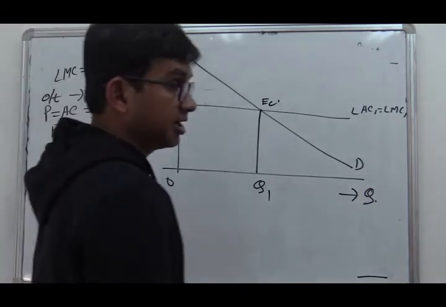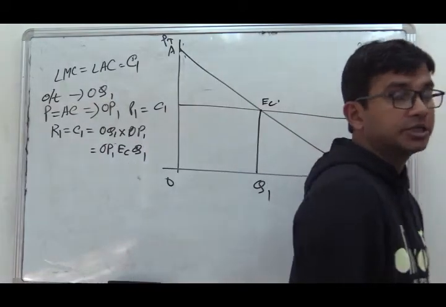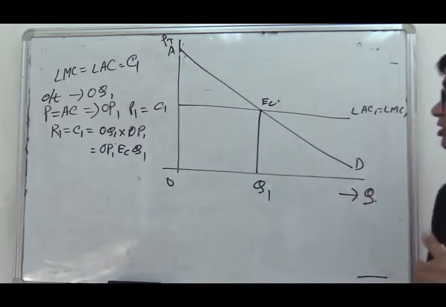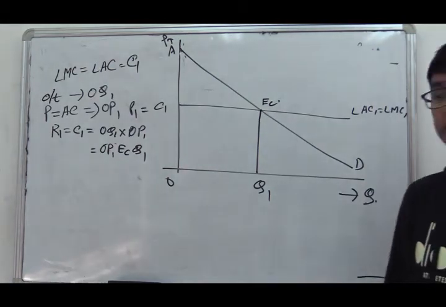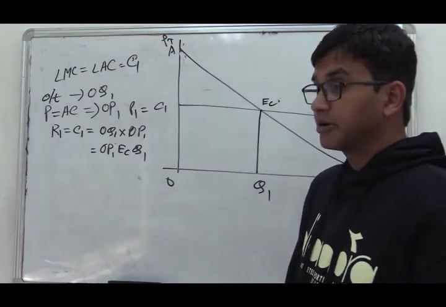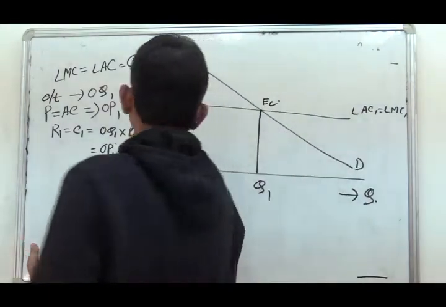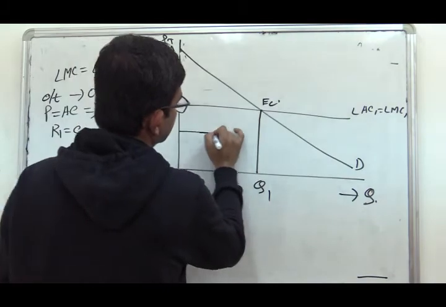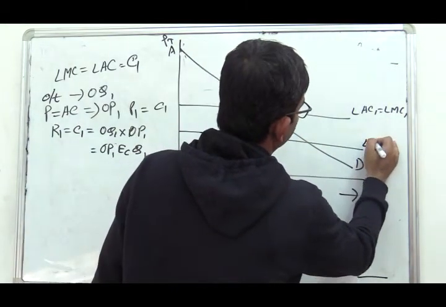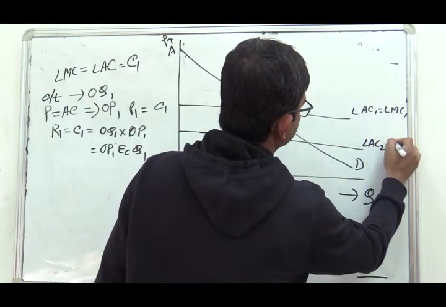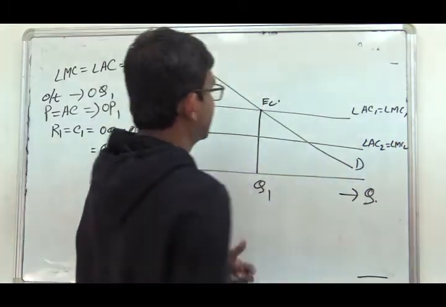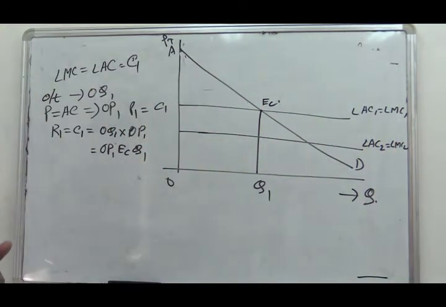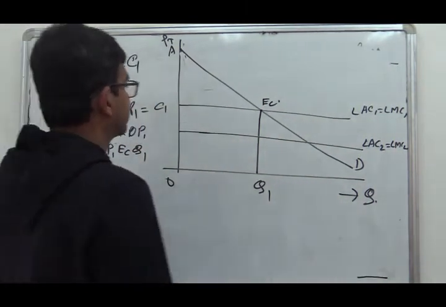Now let us consider the case of a monopolist which has undergone some research and development, for which they have reduced their cost substantially. So now if we consider this is the long run average cost of the monopolist, which is less than the long run average cost of the perfectly competitive market.